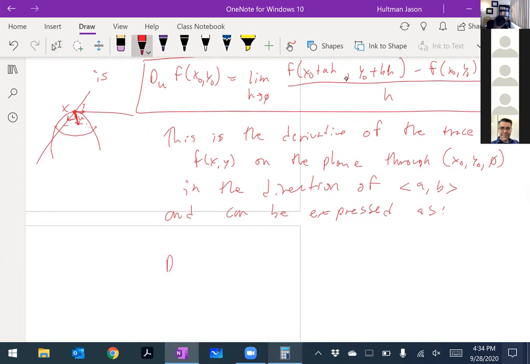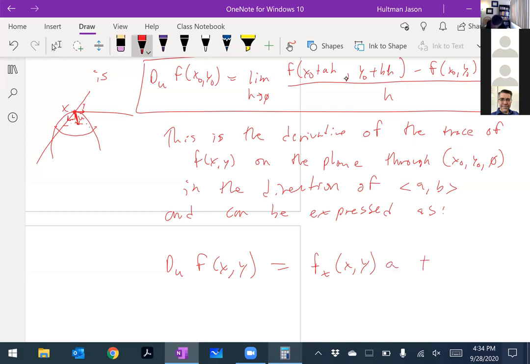du of f of xy, the derivative of f of xy, is equal to the partial with respect to x of xy times a, plus the partial with respect to y of xy times b.